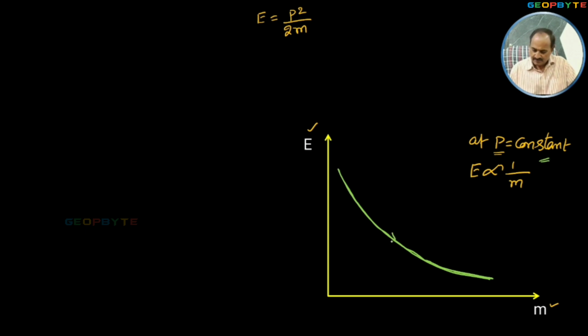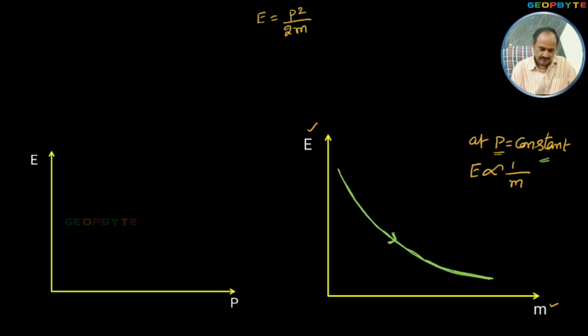Similarly, I can also mark another graph, that is energy versus linear momentum at constant mass. From this I can write p square equal to 2em or p equal to root under 2em.